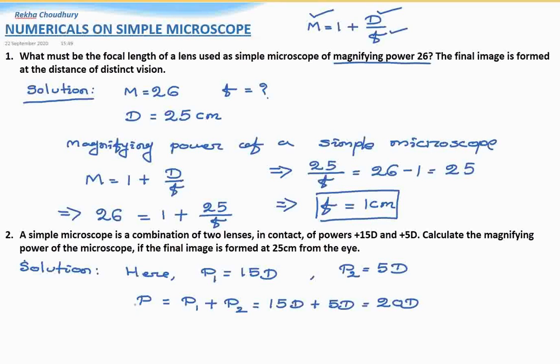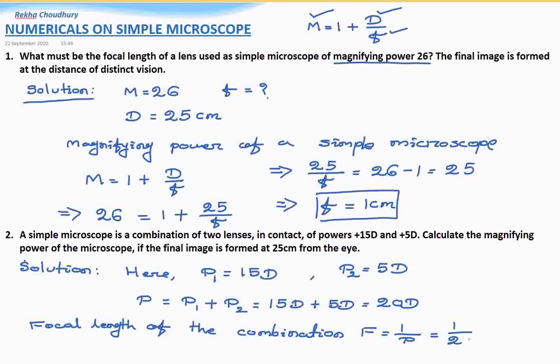Now focal length of the combination. We know that F is equal to 1 divided by P. So here power of the combination is 20 diopter.